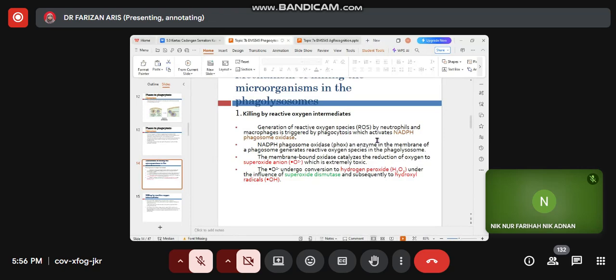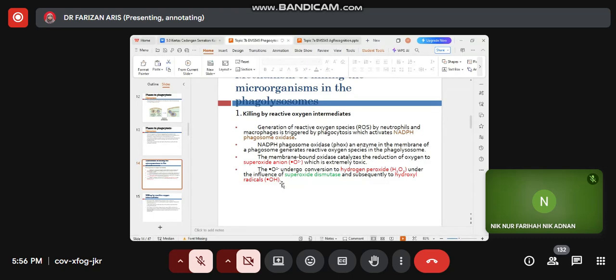It causes certain enzymes on the phagocyte membrane to be activated and produce ROS, oxygen radicals, as well as hydroxyl radicals. So that is one way.